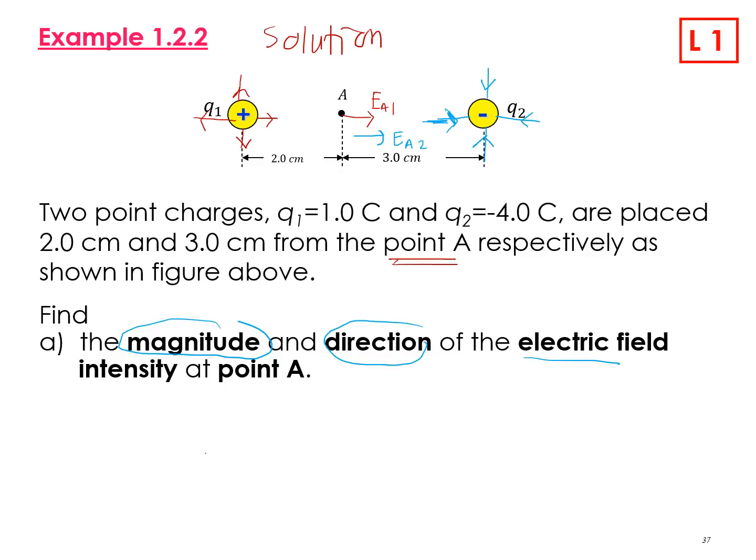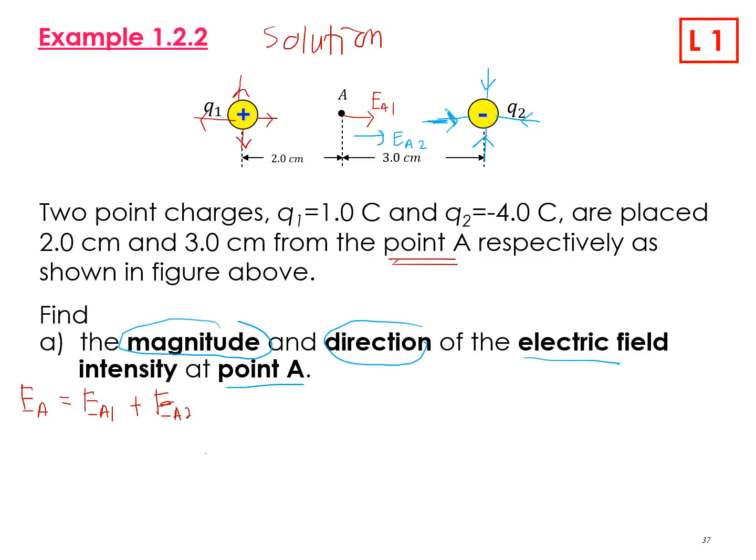Here, electric field intensity at point A, we clearly see that we have two electric fields at point A. Therefore, they ask you to find the total electric field at point A. The formula says E total at point A equals EA1 plus EA2.